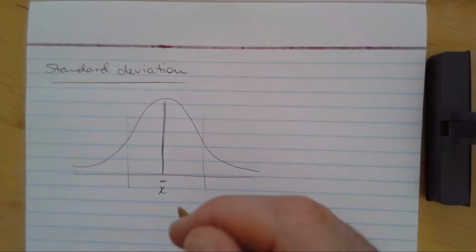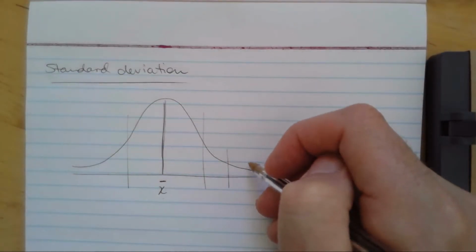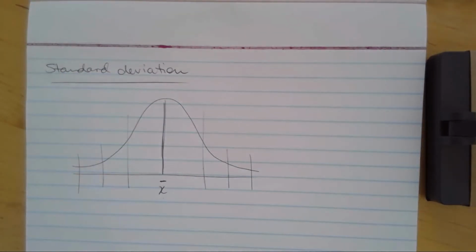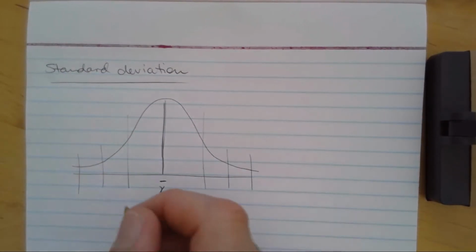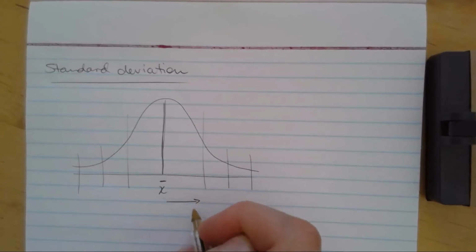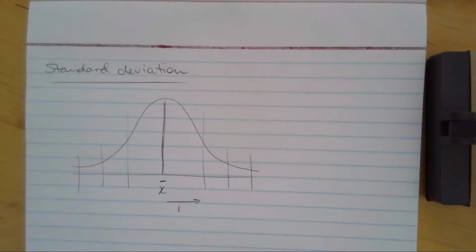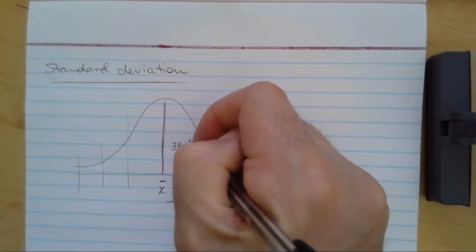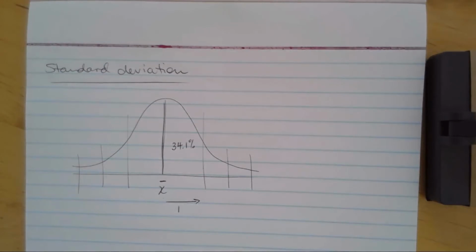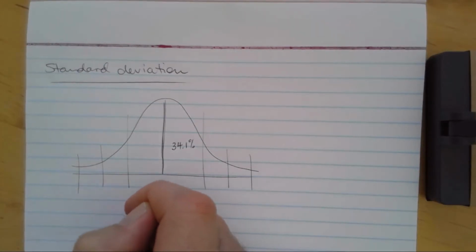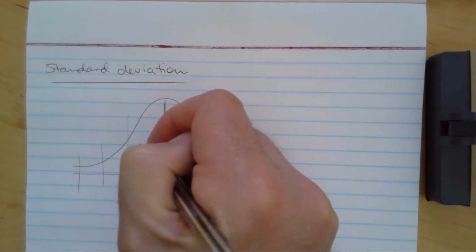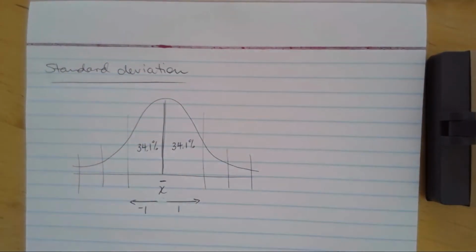We talk about three particular measurements. One standard deviation from the mean normally contains 34.1% of the sample. If you go -1 the other way, you would also have 34.1% there.